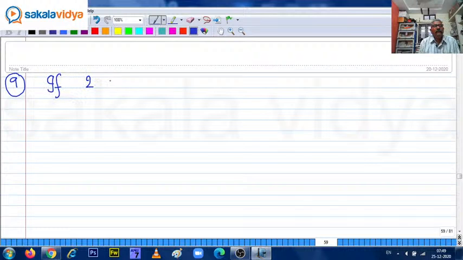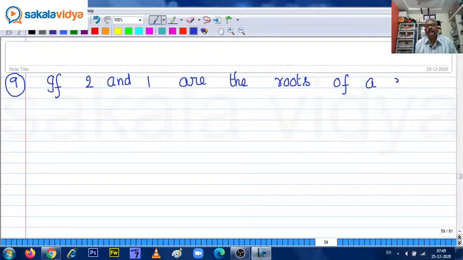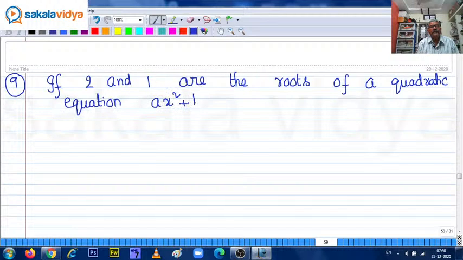If 2 and 1 are the roots of a quadratic equation ax square plus bx plus 2 equals to 0, find a and b.